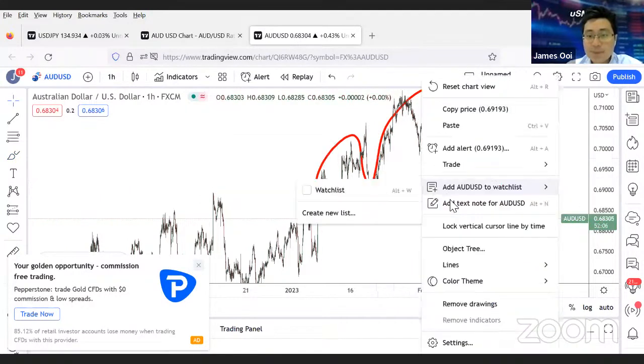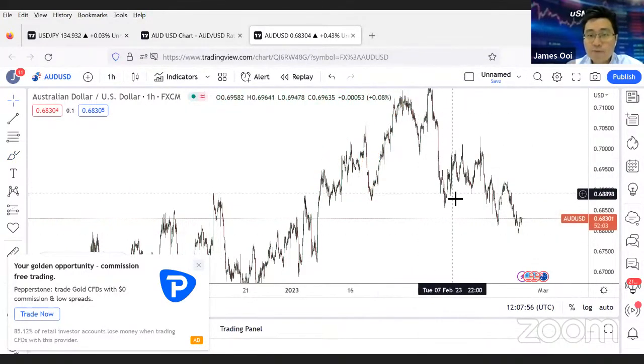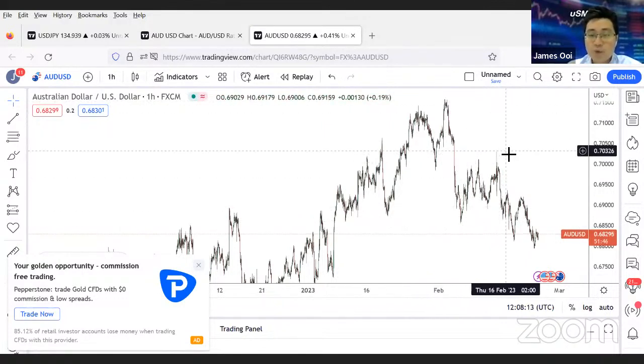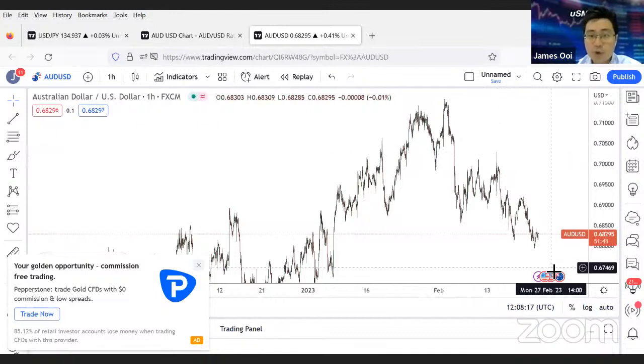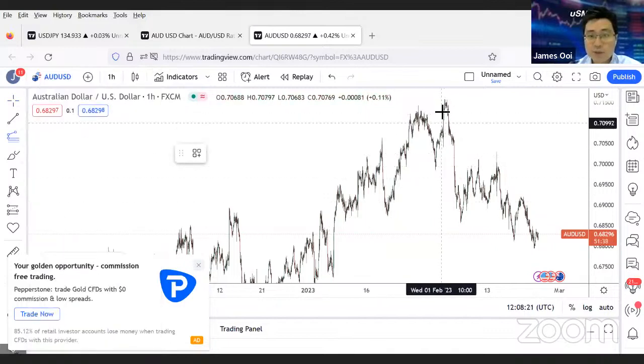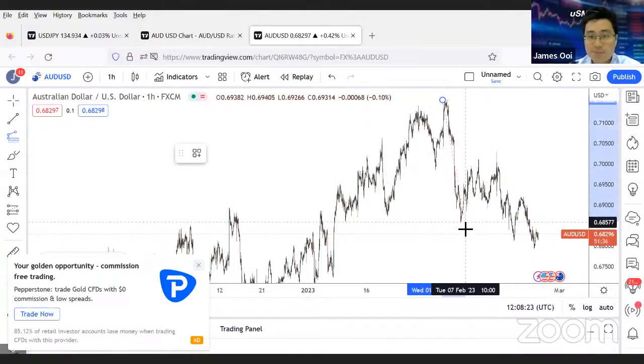And next, I would say that I probably also want to use other methods to verify if I am drawing a good target price itself. So what I'm going to do here is, again, this is point A to point B. From 0% to 100%, I would assume that it could also travel from point C over here to point D. So I would just try to draw a Fibonacci expansion.